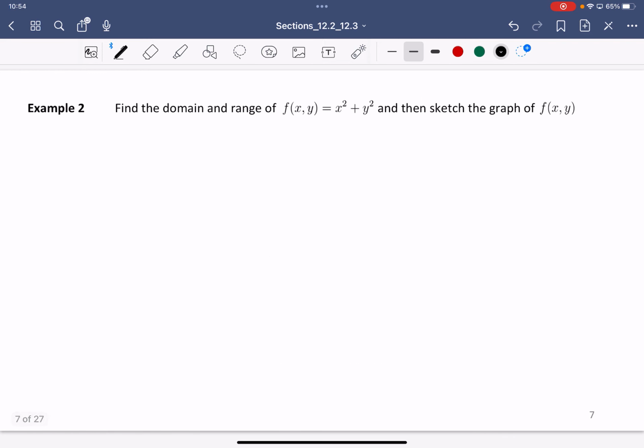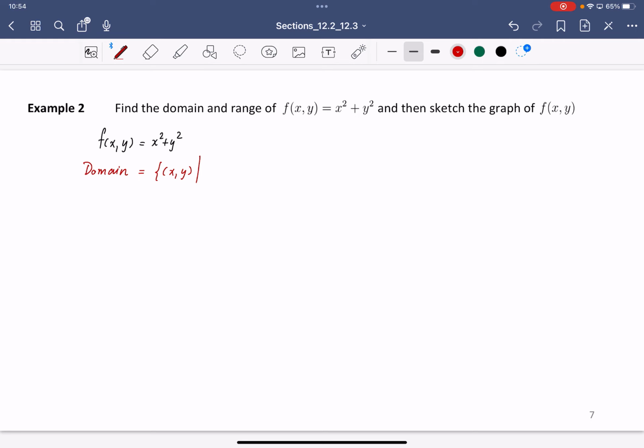So everyone, let's find the domain and range of this one and sketch the graph of f(x,y). So we have f(x,y) equal to x squared plus y squared. So the domain is going to be any point (x,y) such that there's no condition, right?